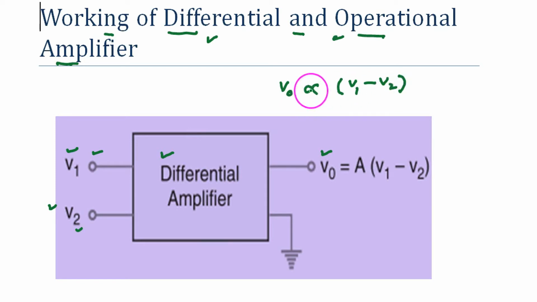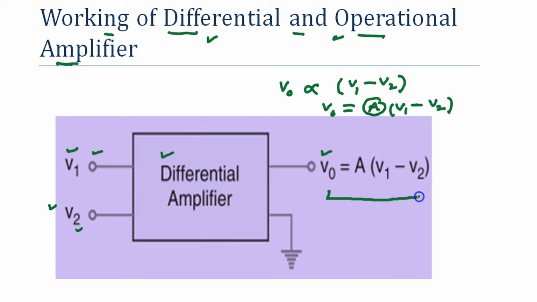Now replacing the proportional sign by a constant, let that constant be A, and A is called the gain of the differential amplifier. Like the gain A equals V0 divided by the difference between the two signals.